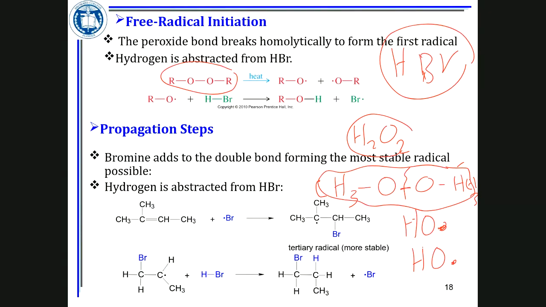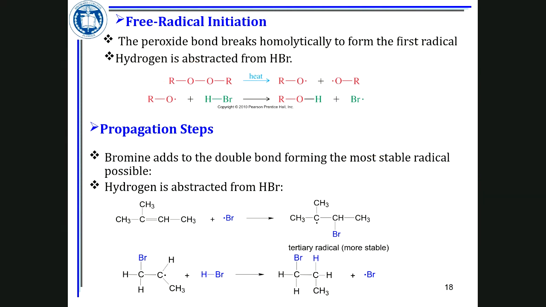If we are using alkyl peroxide, the alkyl peroxide is going to first produce a free radical. The alkyl peroxide is going to have homolytic cleavage of the peroxide bond, and you will get the free radical.